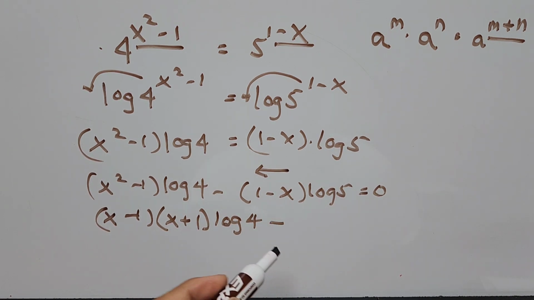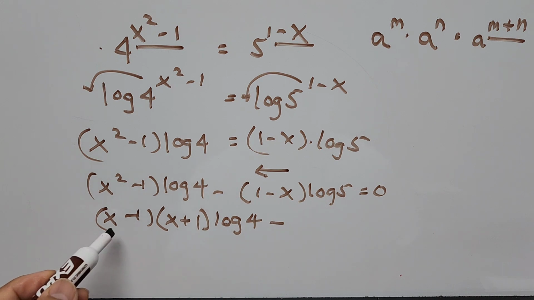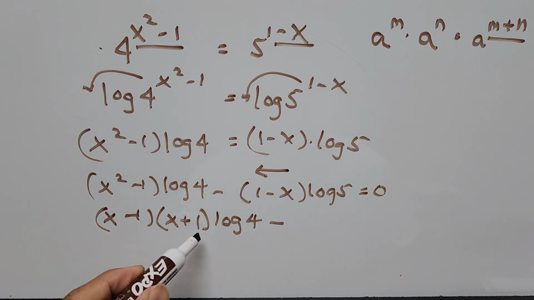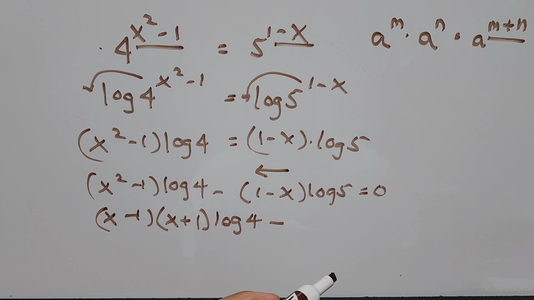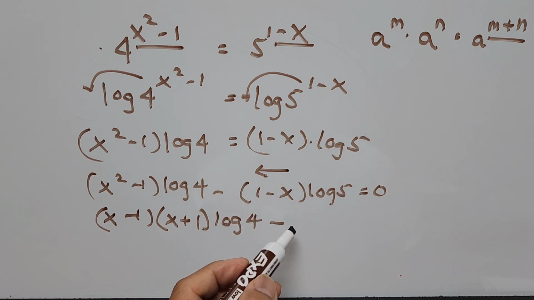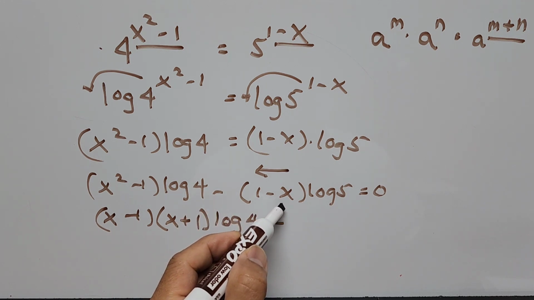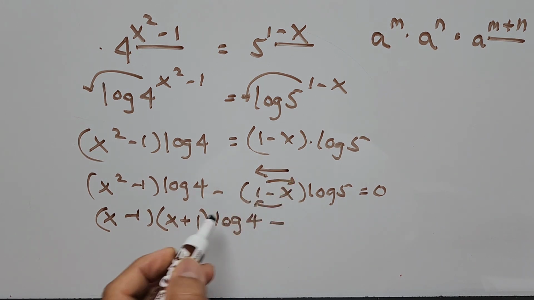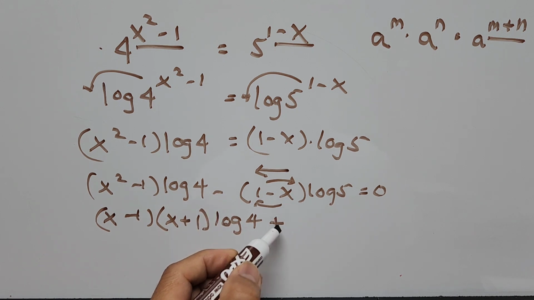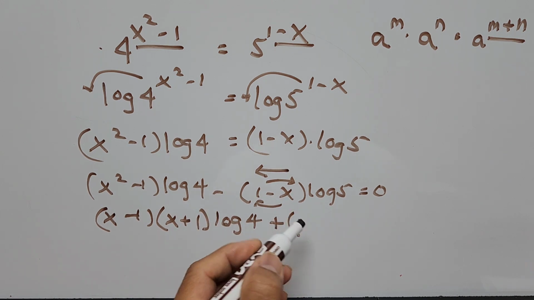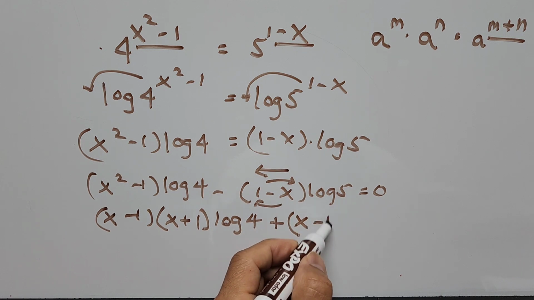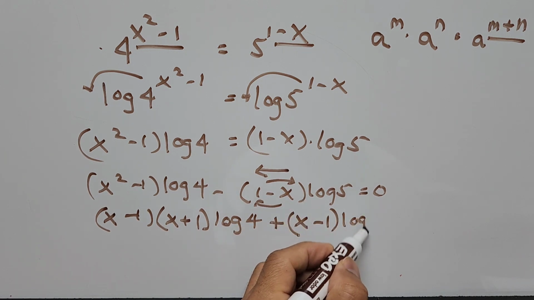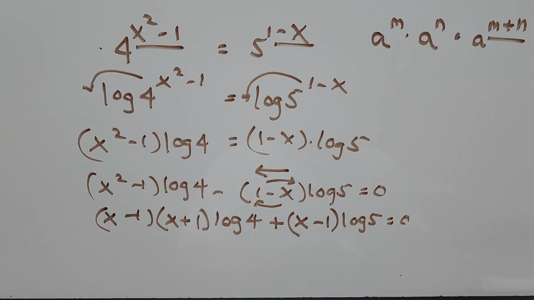Then minus, since we have these factors, x minus 1 and x plus 1, we need to factor x minus 1 out of this term. If we change the position of x to the left and 1 to the right, the minus sign becomes a plus sign, and we have x minus 1 times log of 5 equals 0.